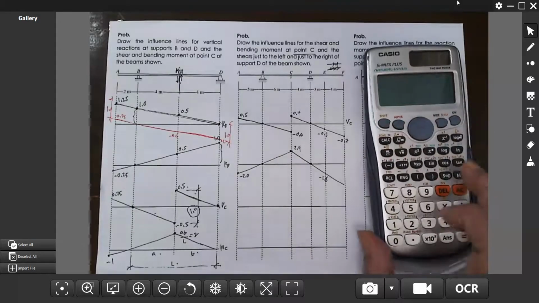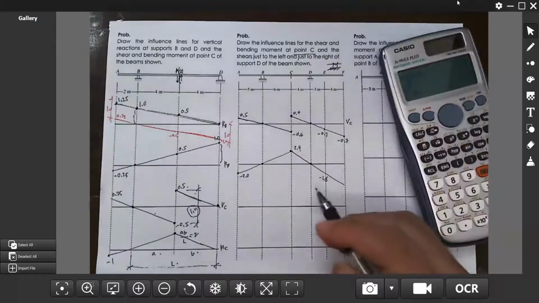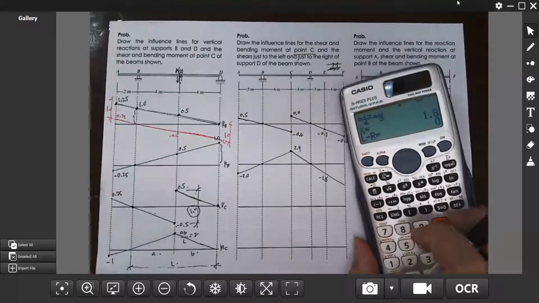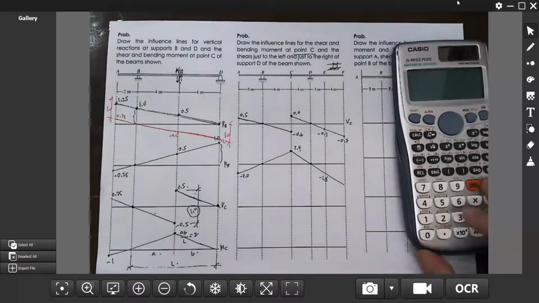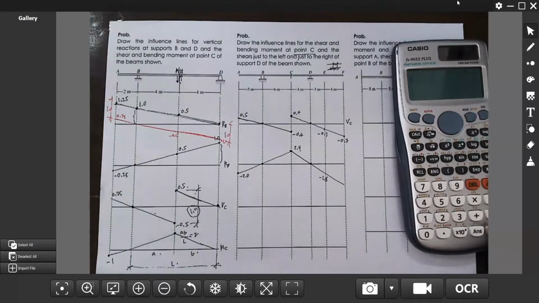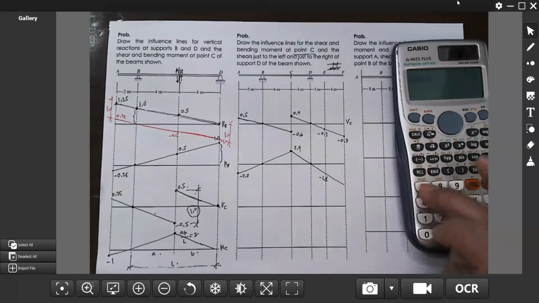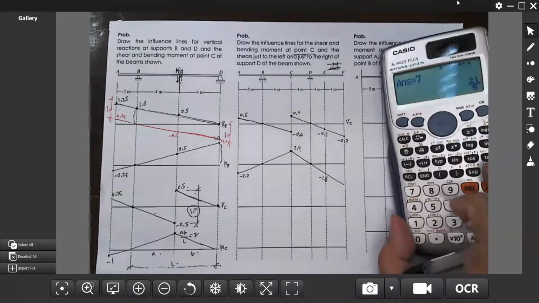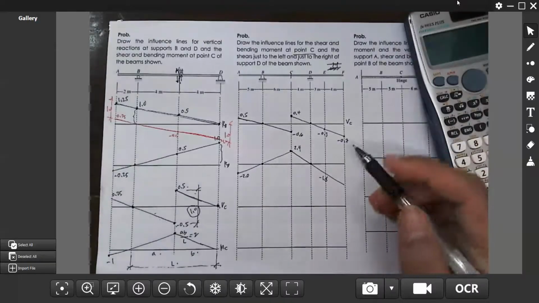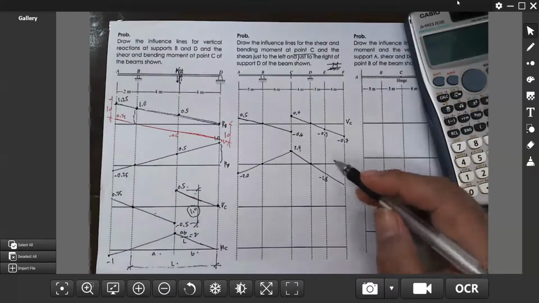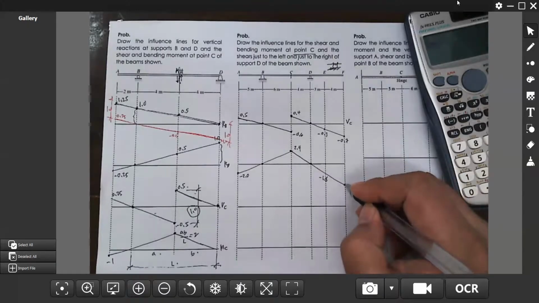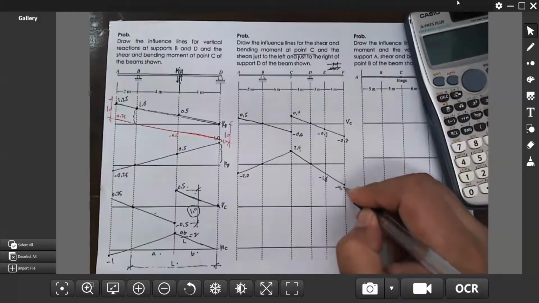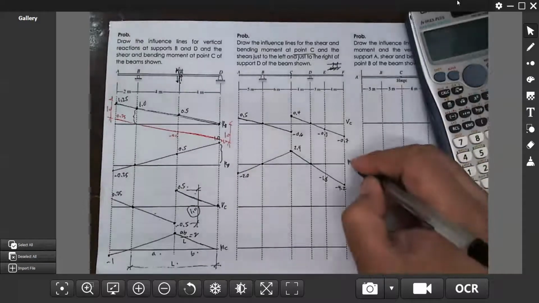Shift solve. Okay, 1.8. Oh, and then 2.4 divided by 4 times 7. 4.2. Sorry. This is 4.2. This moment at C.